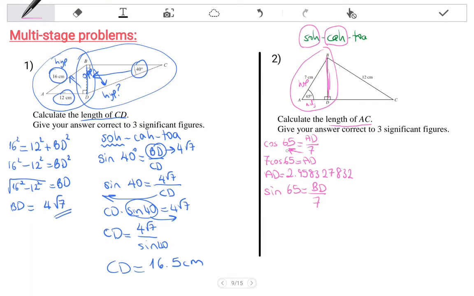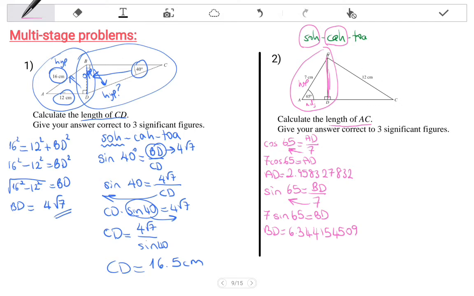Same style as I did here. So 7 goes this way, and 7 times sine 65 will be my value of BD. And it is 6.3444154509.